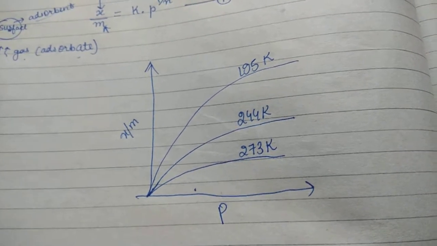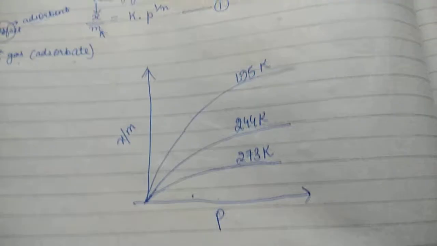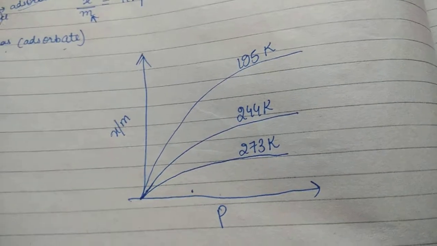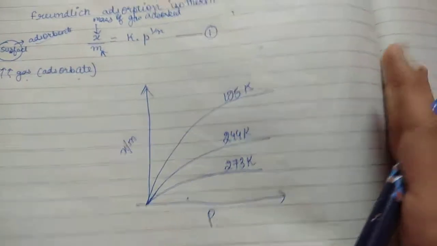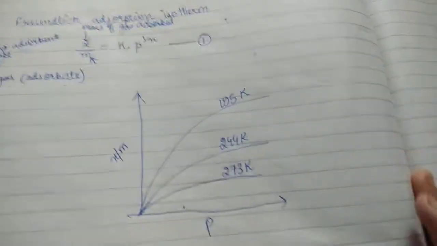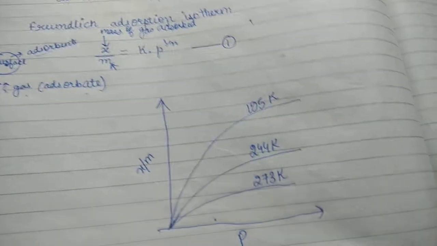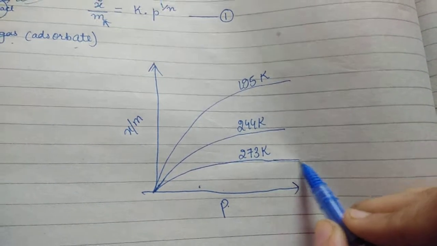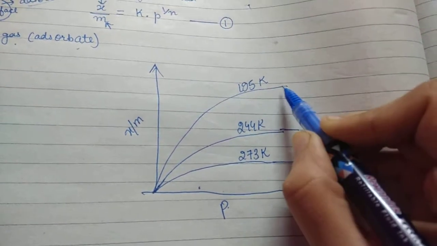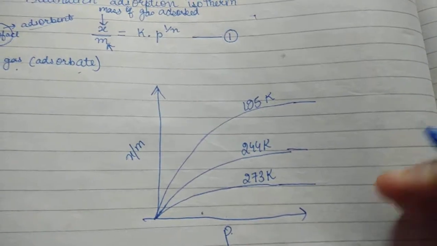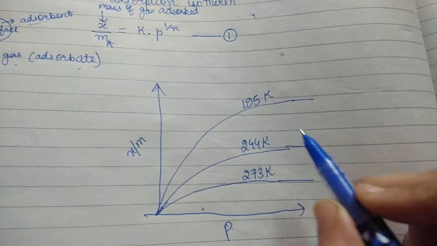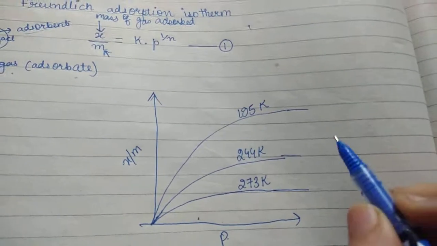This graph, between x upon m versus p, was found experimentally. Now what is this graph telling us? First we'll talk about high pressure. At high pressure, we see that at any temperature all of them are approaching saturation, right? They all are becoming constant at high pressure.